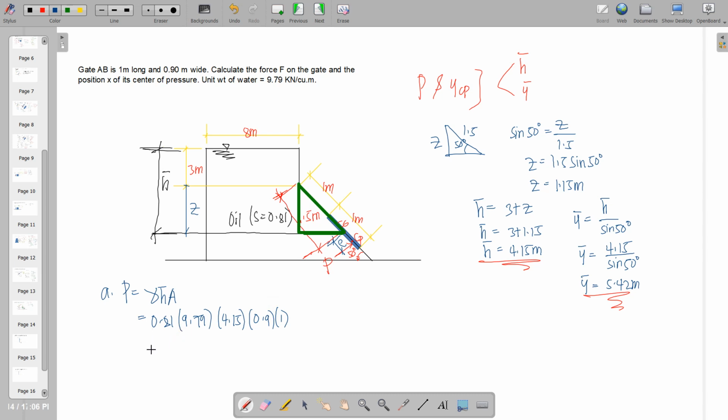So by that, we can solve for P equal to 29.62 kilonewtons.